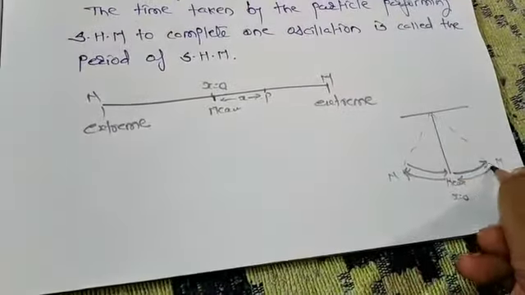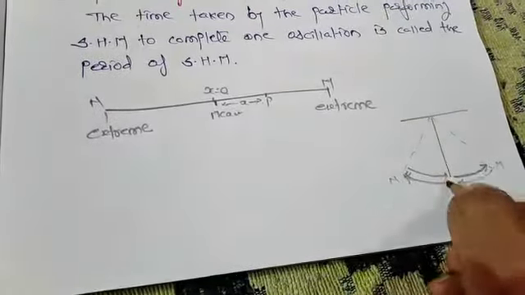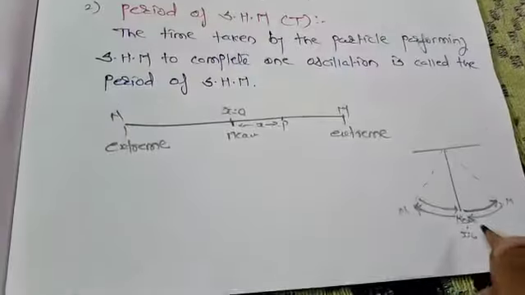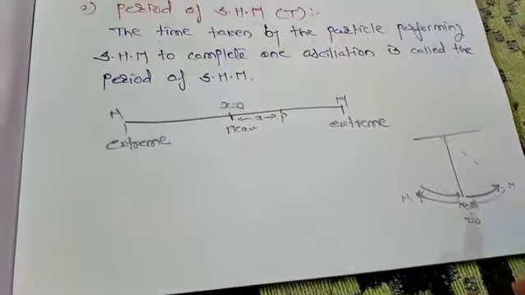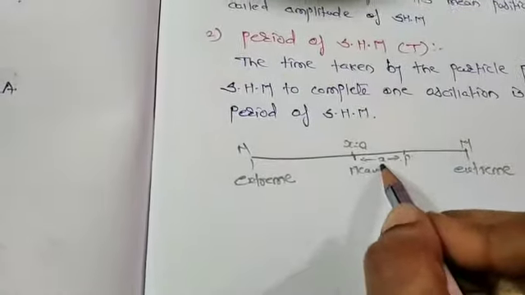So the total time required to complete this to and fro motion is nothing but the period of SHM.